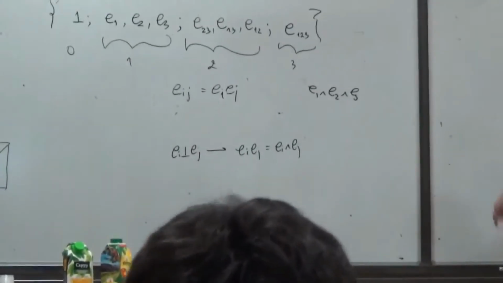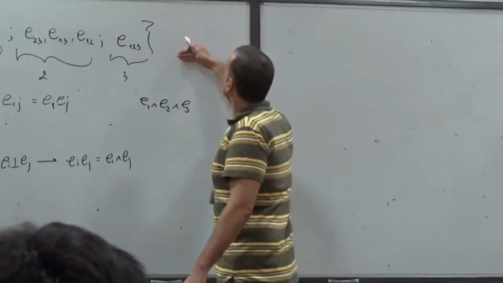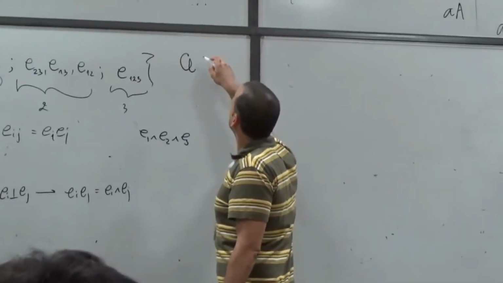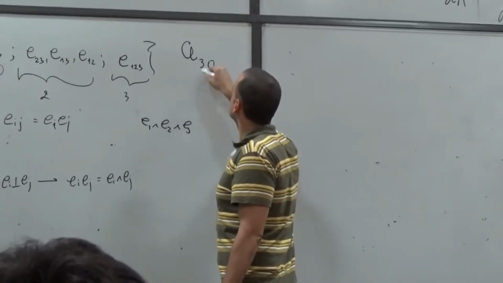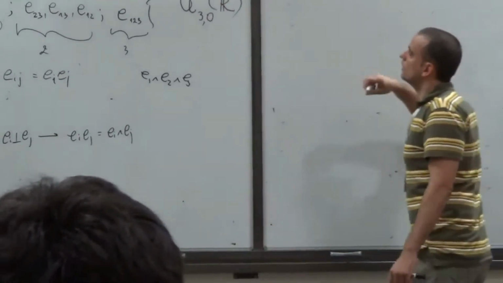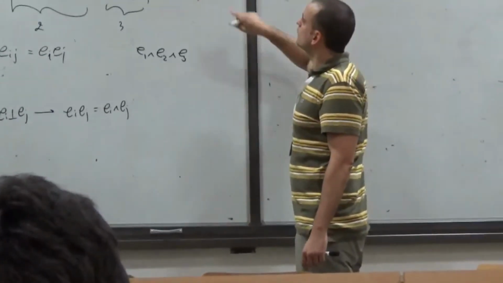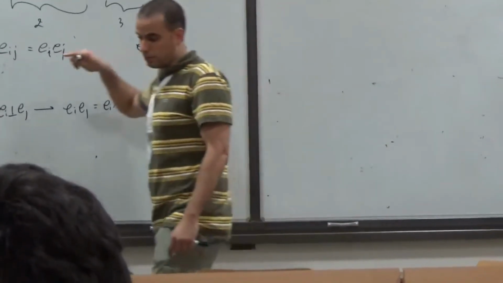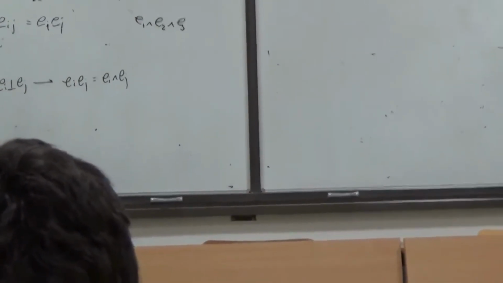Okay? So let's see how these things work. Let's see how this works. Let's construct this from scratch. So we have 3 unit vectors.